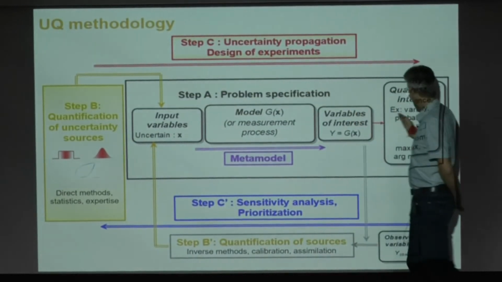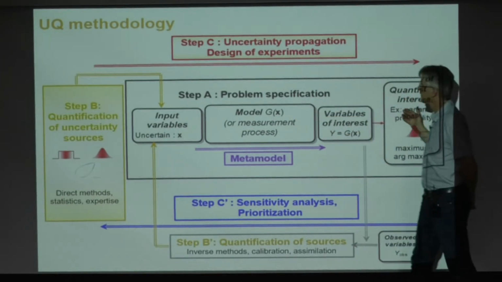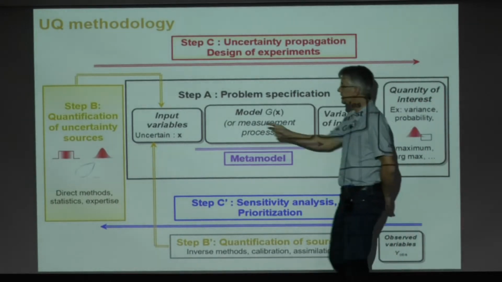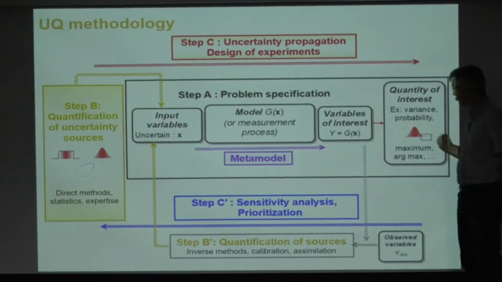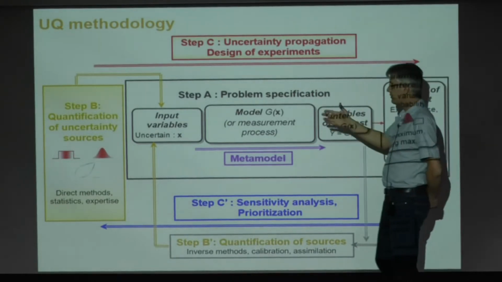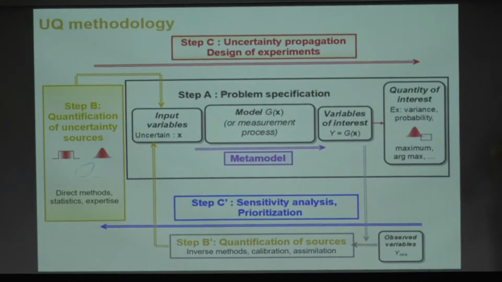My goal is to obtain statistics on the output of the model G. Okay, and what can be useful is to determine the importance of each input in these statistics. For example, if the statistic is the variance, how does each X contribute to the variance? So the classical analysis of variance, but here in a more generalized context.